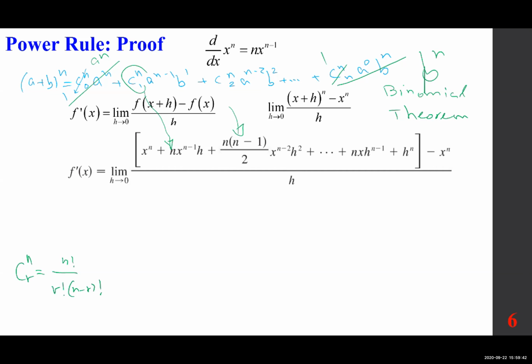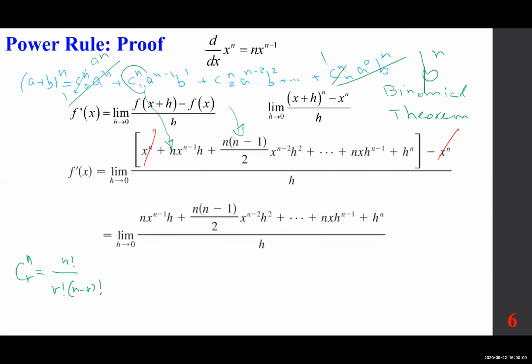So notice what happens. You expand this, and now that you have expanded it, x to the power of n and minus x to the power of n cancel each other. So you can write the rest of it. Okay.